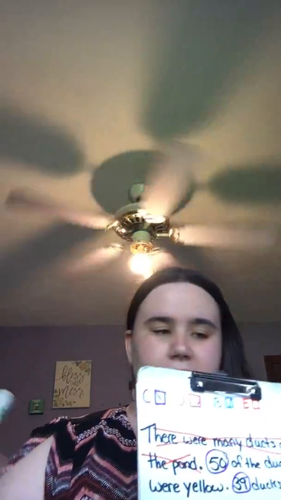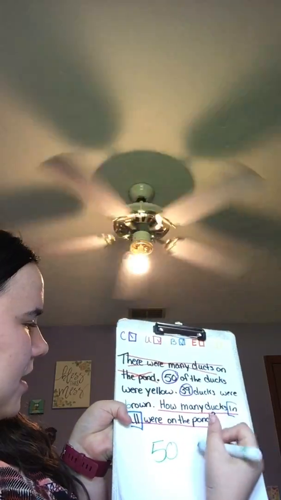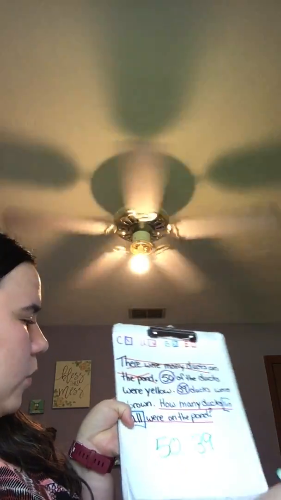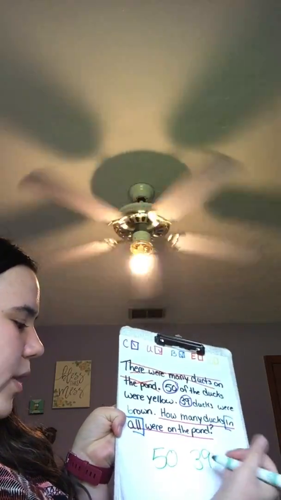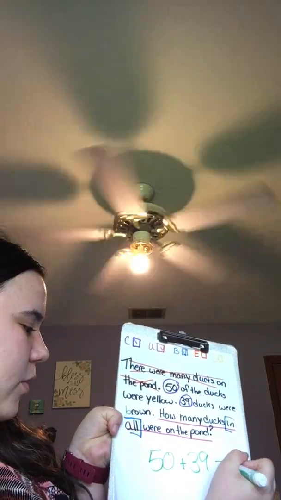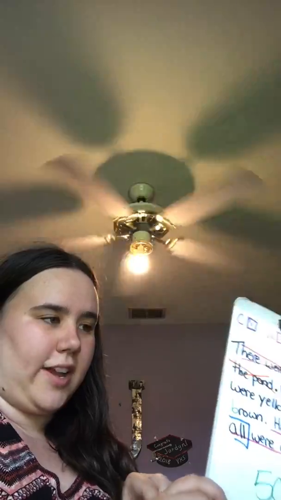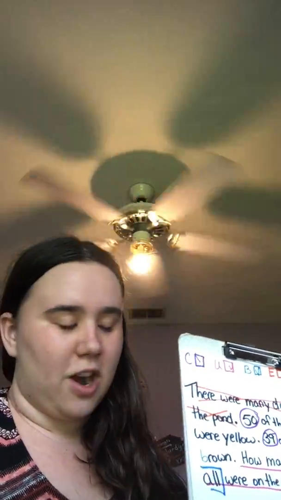All right, the last thing to do is solve. So we're going to look at the information we have. We have 50 and 39. We know that we said in all was for addition, and then we're going to solve it. Normally I would ask the students to get out a piece of paper or whiteboard and solve it right then and there.